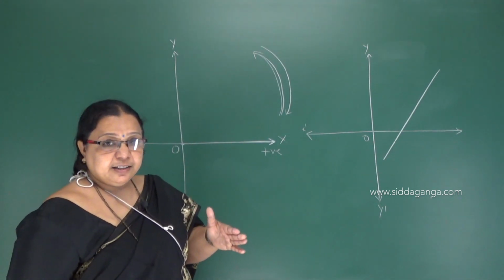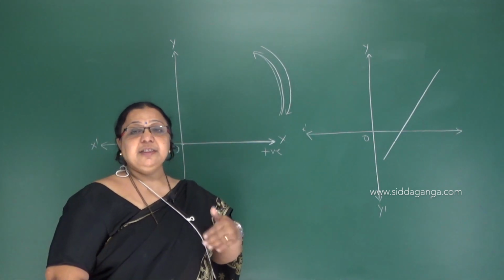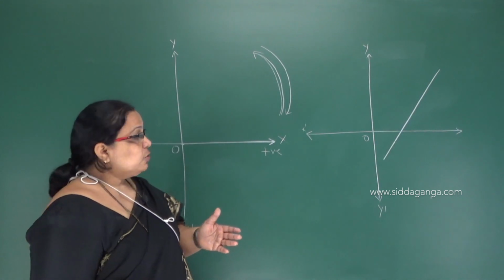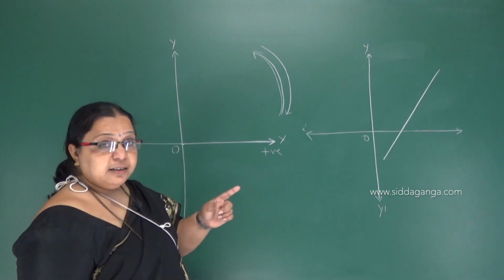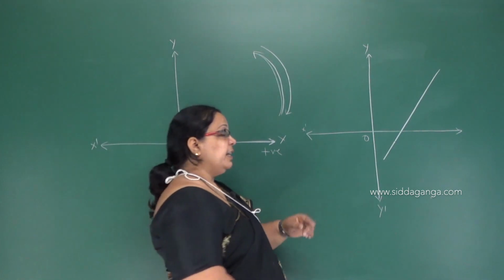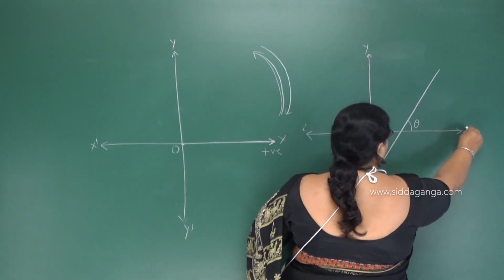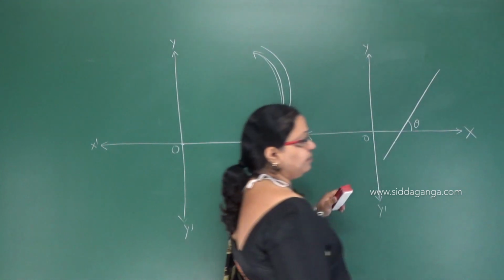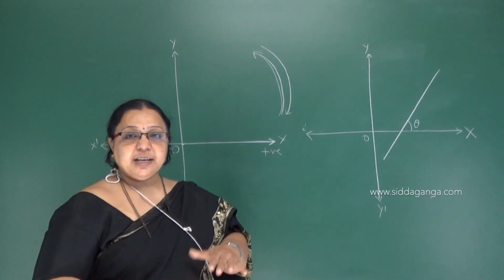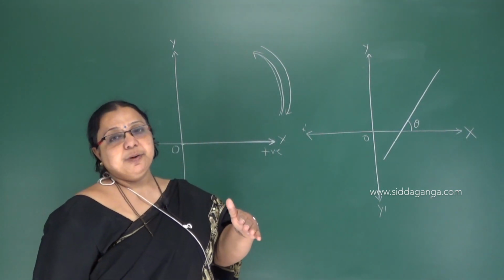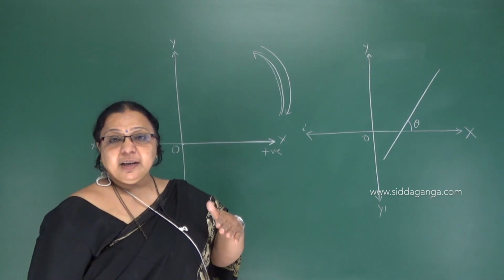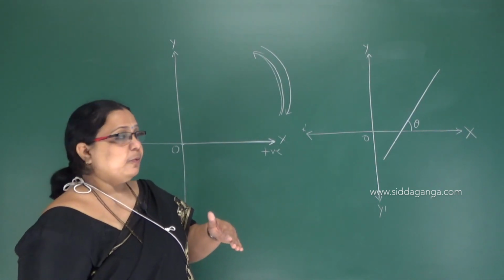Inclination of a line, inclination is nothing but the angle here. So if a line's inclination is theta with the positive x-axis, we must measure the angle from the positive x-axis; that is the initial line.